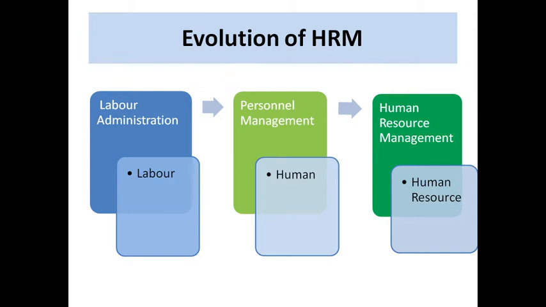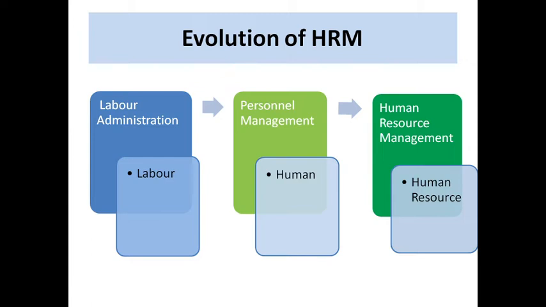After personnel management, the field of human resource management developed. In this period, humans are not only considered as human beings, but besides that they are also considered as resource. And resource means they have enormous potential.